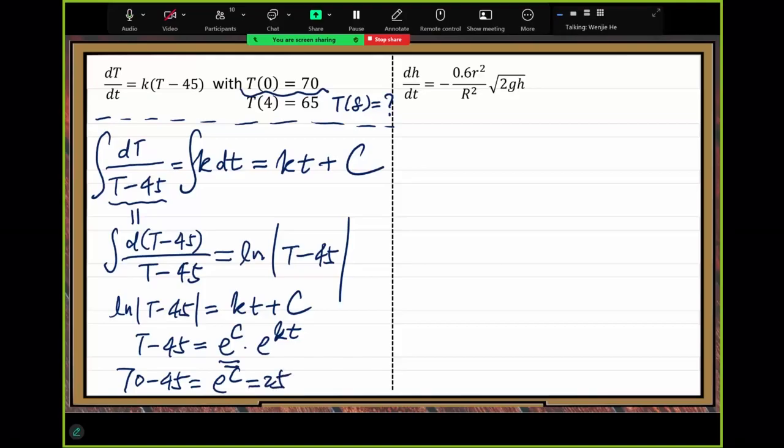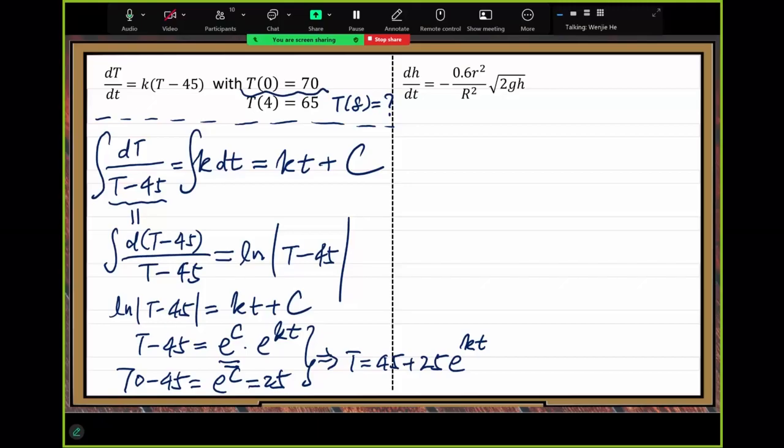We can replace e to the C by 25. So then, from these two, can we write capital T equals 45 plus 25 e to the kt? So we write that formula.